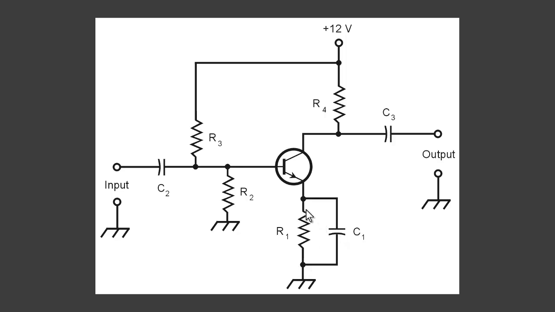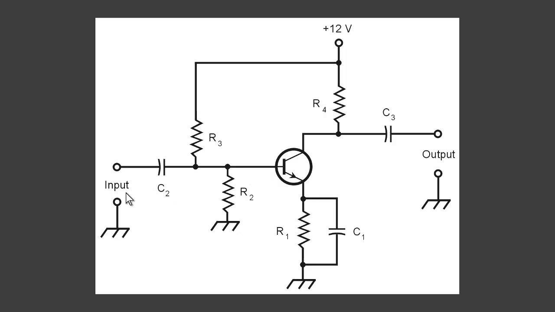The beta of the transistor in the grounded emitter configuration is the amount of change that occurs in the collector current, that would be this current going from the collector to the power supply, for a certain amount of change in the base current.